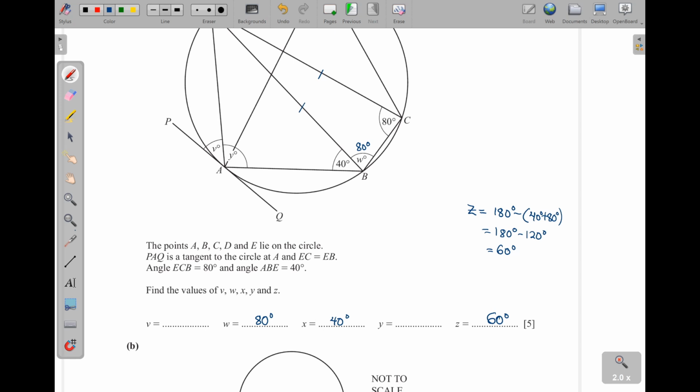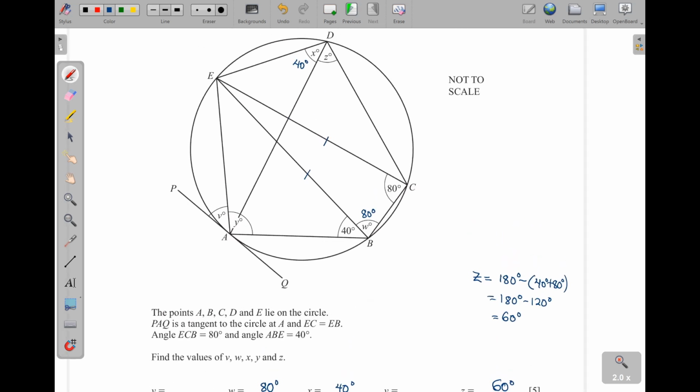You see that? Okay. Then what is remaining? We have Y and V. Let's look at V. Look at this one here, PAQ being a tangent, and look at the angle it forms with this chord. If you look at the segment within which this V lies, and you check A, E, and D, which is a triangle, then we look at the angle that is opposite to this segment here.